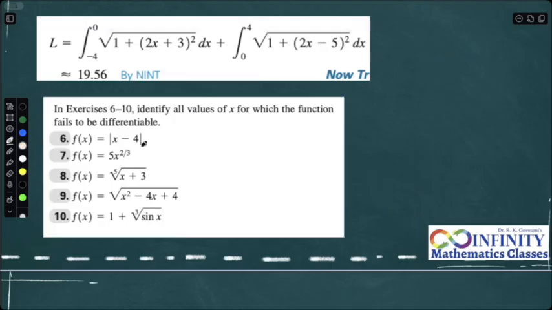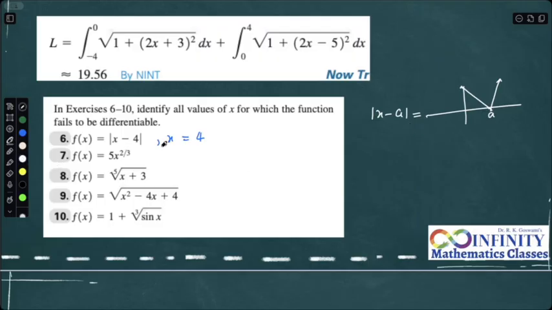Tell me for question number 6, what are the points at which it is not differentiable? It should be at x equals 4 and minus 4. Only 4 there. Always remember, whenever x minus a is there, this is the type of graph you will have. So there is only the point a at which the function is not differentiable.